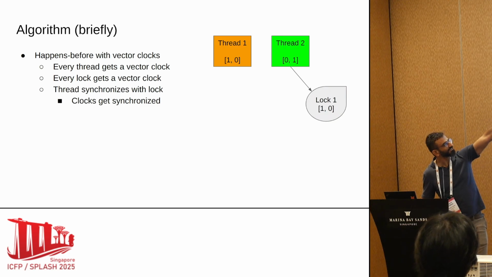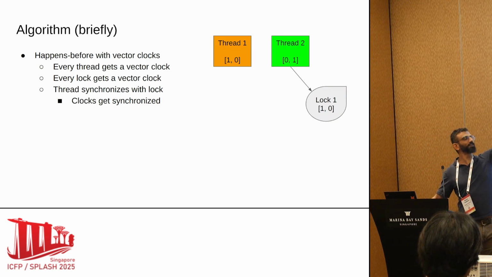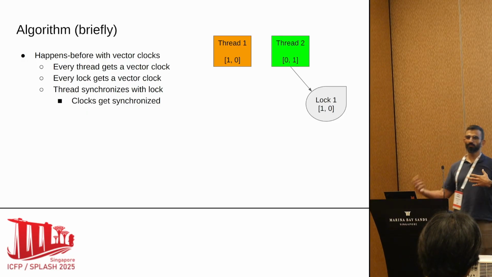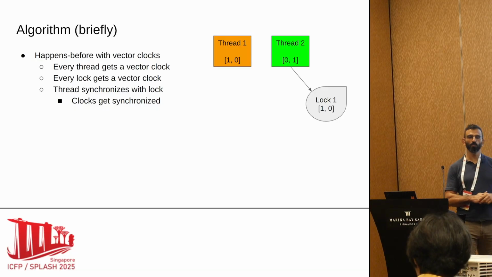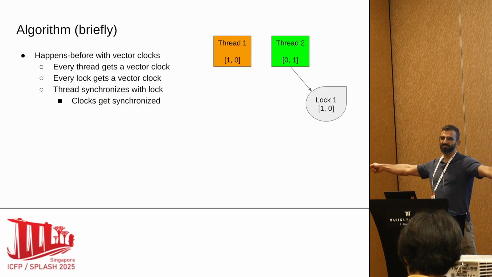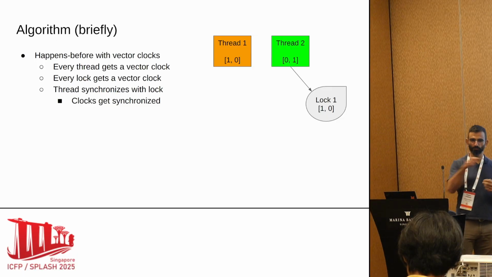On release, you get the time from thread 1 and you save it in the lock. So what the threads communicate to each other is basically, what do you know about where everyone else is? And this is done through the locks.